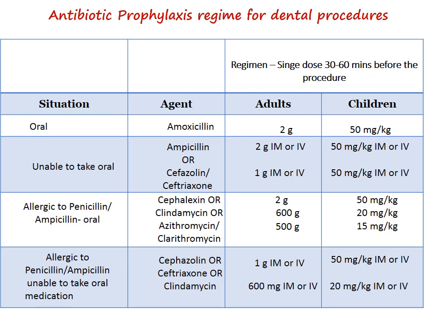If the patient is allergic to penicillin or ampicillin and unable to take oral medication, then cefazolin or ceftriaxone or clindamycin can be given. Cefazolin or ceftriaxone is 1 gram IM or IV in adults and 50 milligrams per kg IM or IV for children, while clindamycin is 600 milligrams IM or IV, and in children it is 20 milligrams per kg IM or IV.